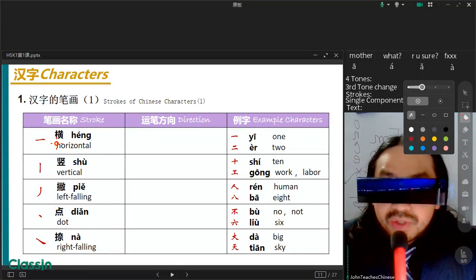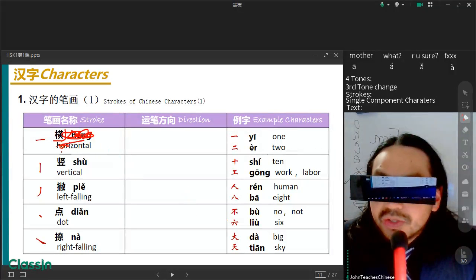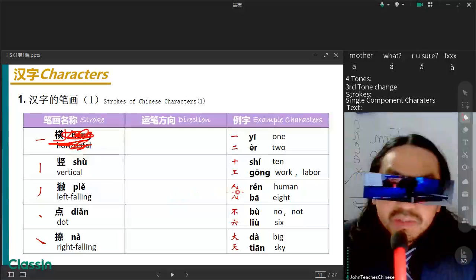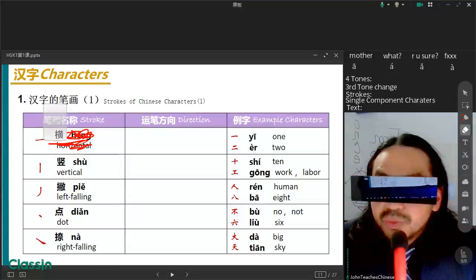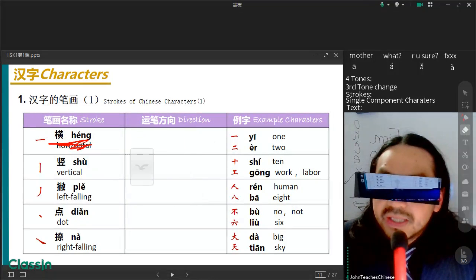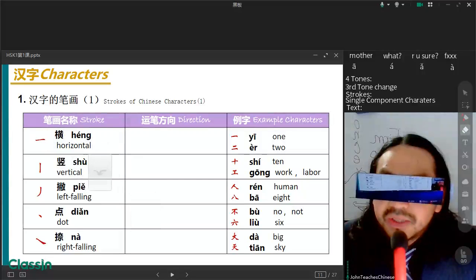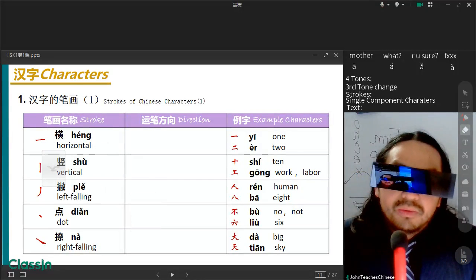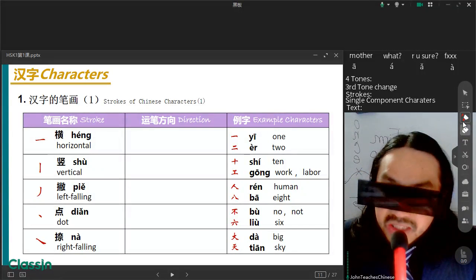If you do not go to school, which means here is blocked. Of course, here also blocked, which means you do not know anything about it. But if you go to school, you would know, okay, this character is read 横, and also the meaning of this character means horizontal. So this is the logic of the Chinese kanji.